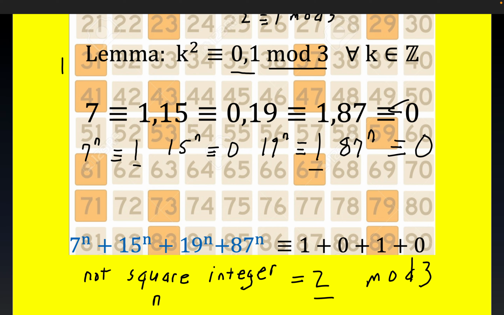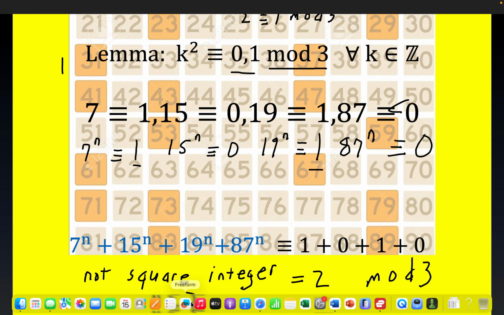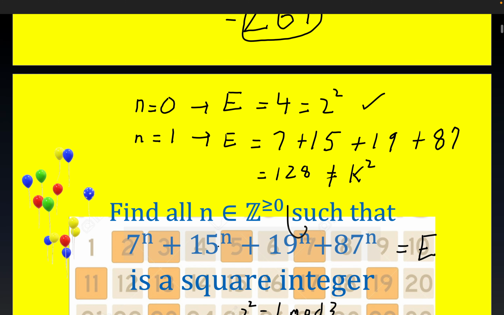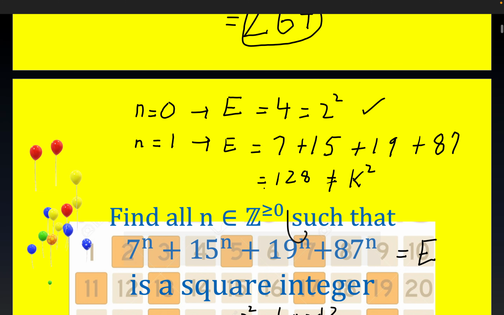We've already done cases 0 and 1, right? So for n greater than or equal to 2, this result really proves just this for now, because we've already shown up here what happened in the n equals 0 case, where we got our only perfect square.